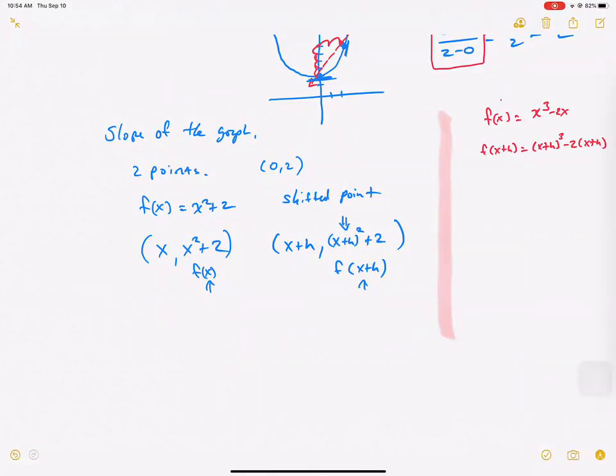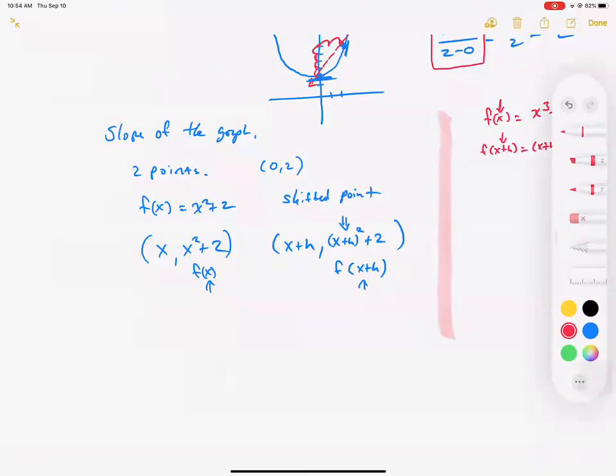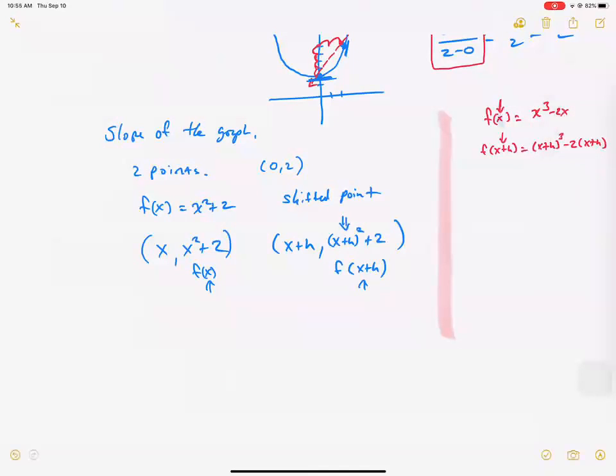So every time you see x, you replace it with an x plus h.